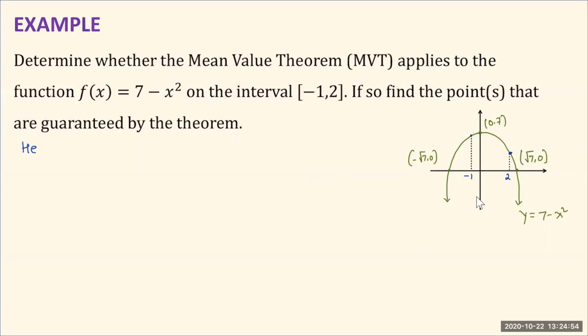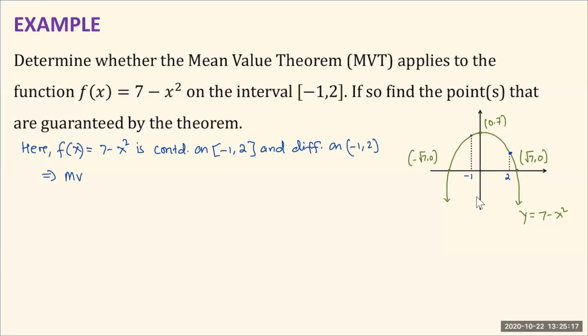Here, f of x equal to 7 minus x squared is continuous on the closed interval -1 up to 2 and differentiable on the open interval -1 to 2. That means the mean value theorem can be applied to the function.